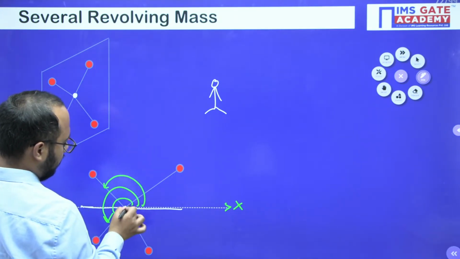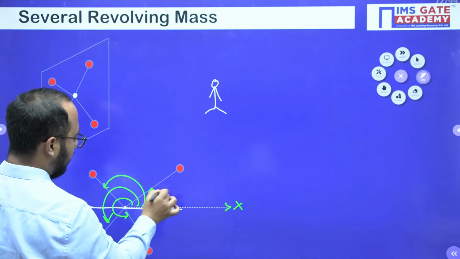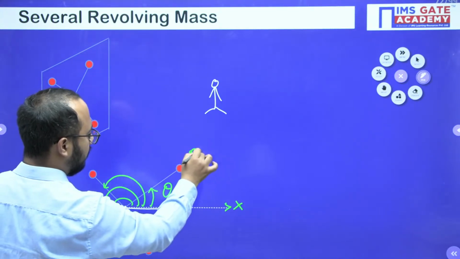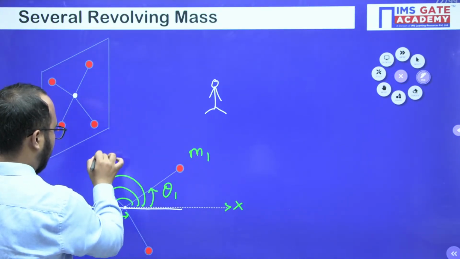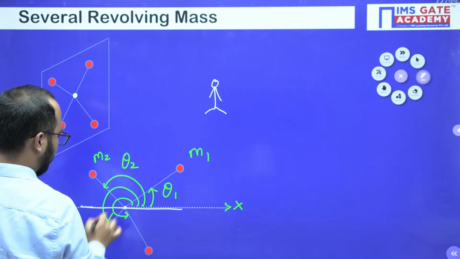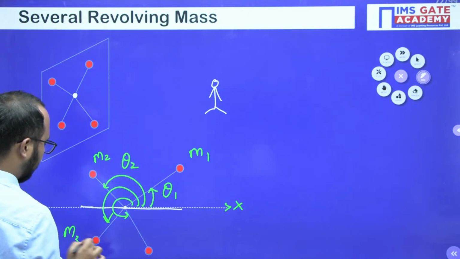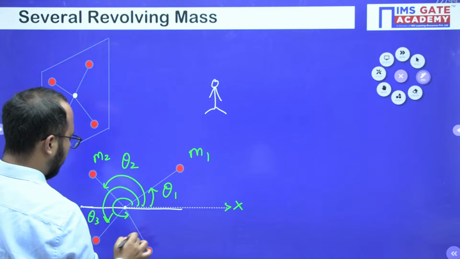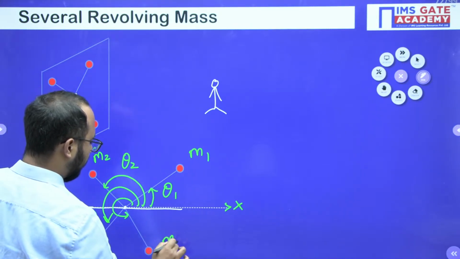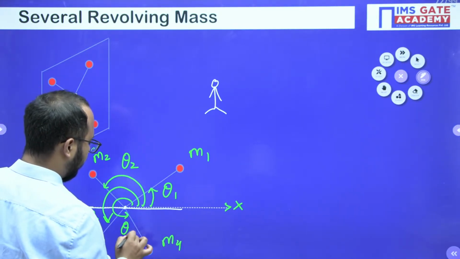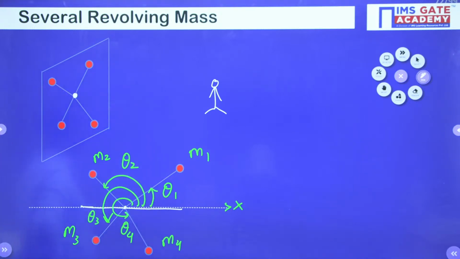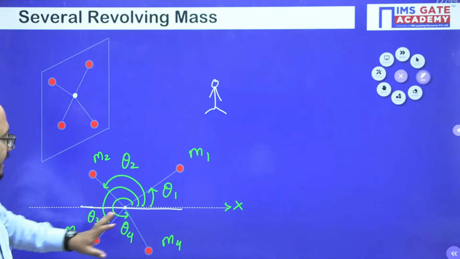This is the angle, so this is m1 theta 1, m2 theta 2, m3 theta 3, m4 theta 4. Clear everyone? Yes or no? So like this we have mentioned.